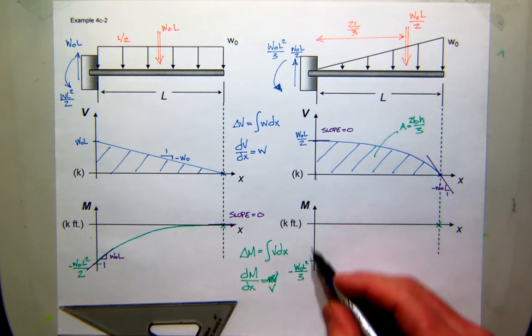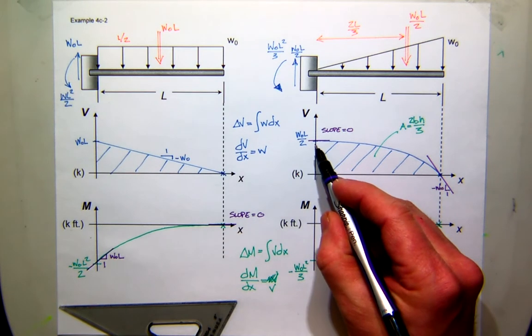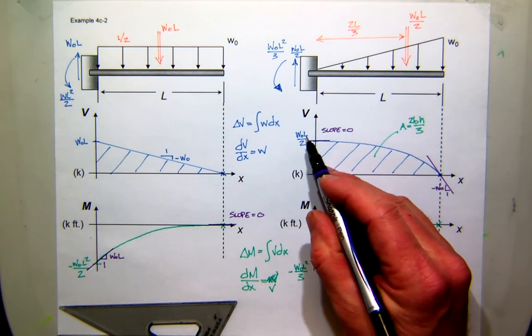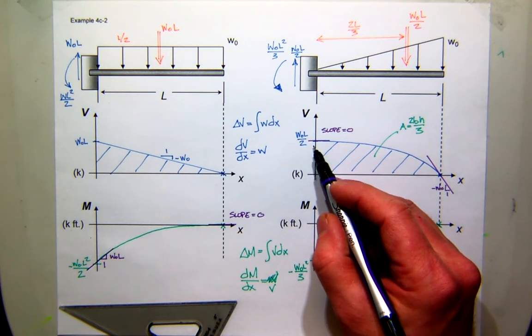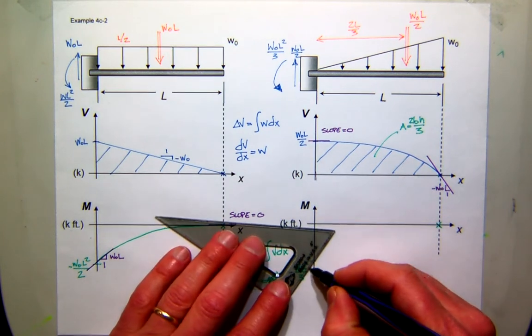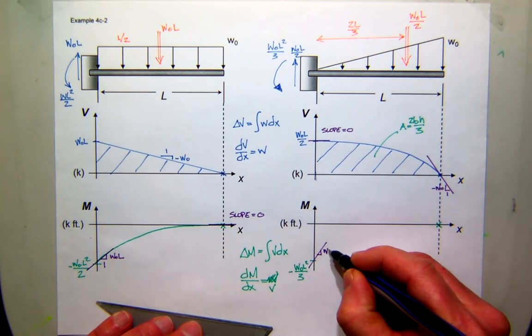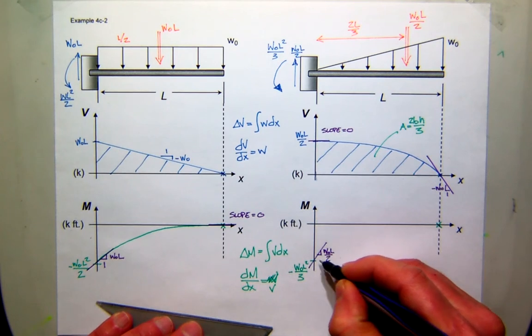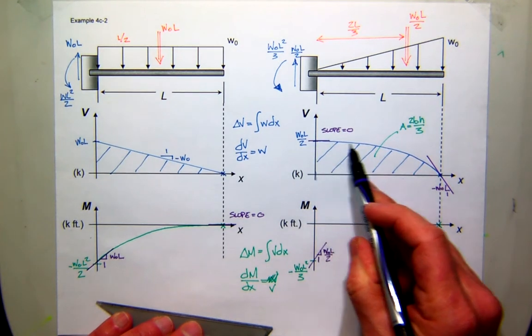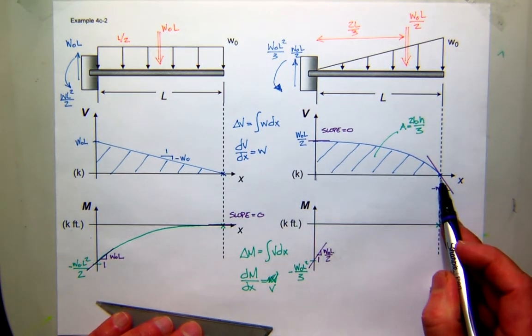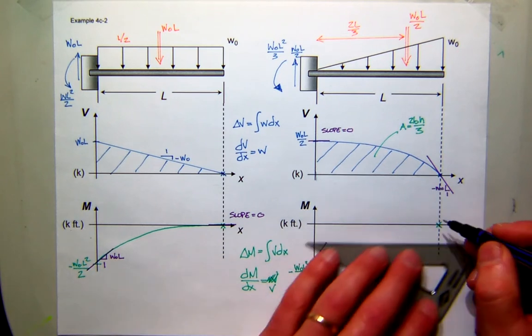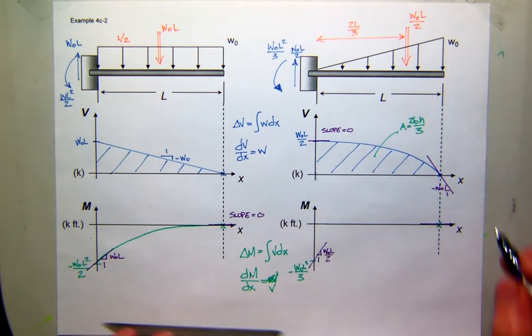So what is the shear at the left side? It's W naught L over 2, but is it positive or negative? Positive. That means I'm going to start off with a positive slope of W naught L over 2, and I'm going to decrease to 0. There's my 0 slope.